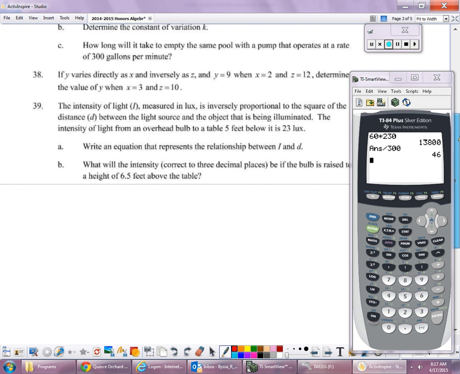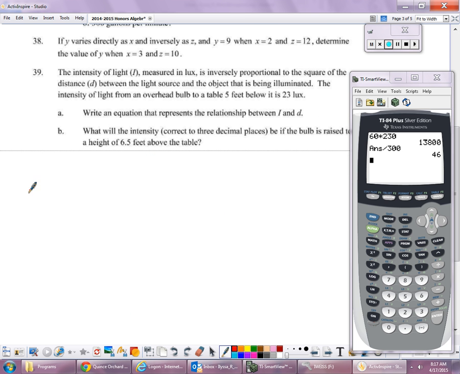Okay, for 38, y varies directly with x and inversely with z. 9, 2, and 12.